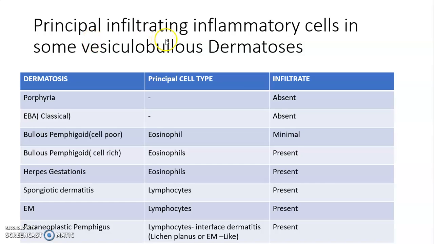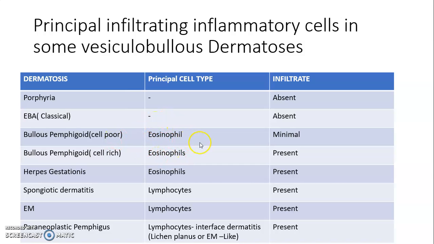Now, the infiltrating inflammatory cells in vesiculobullous dermatoses. In porphyria, there is no infiltrate. In classical epidermolysis bullosa, there is no infiltrate. Bullous pemphigoid, cell poor and cell rich, have eosinophils as the principal cell type.